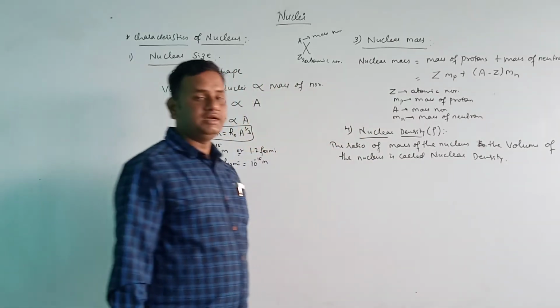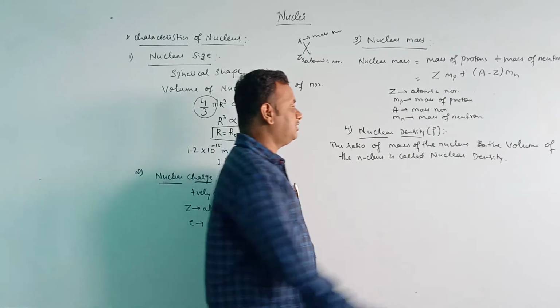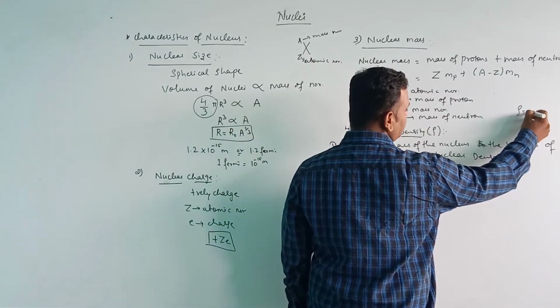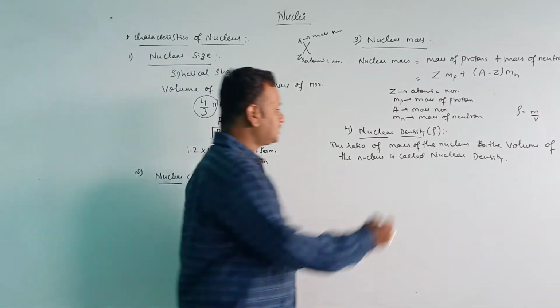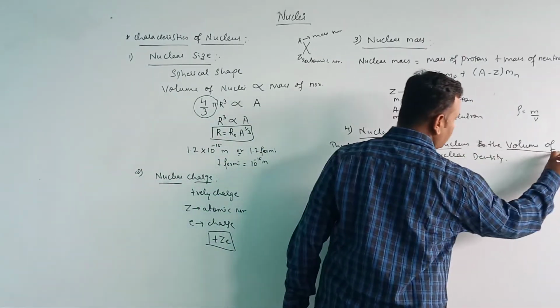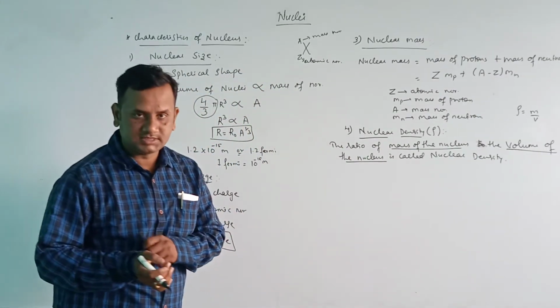As you know, density is given by mass by volume. So the mass of the nucleus to the volume of the nucleus is called nuclear density.